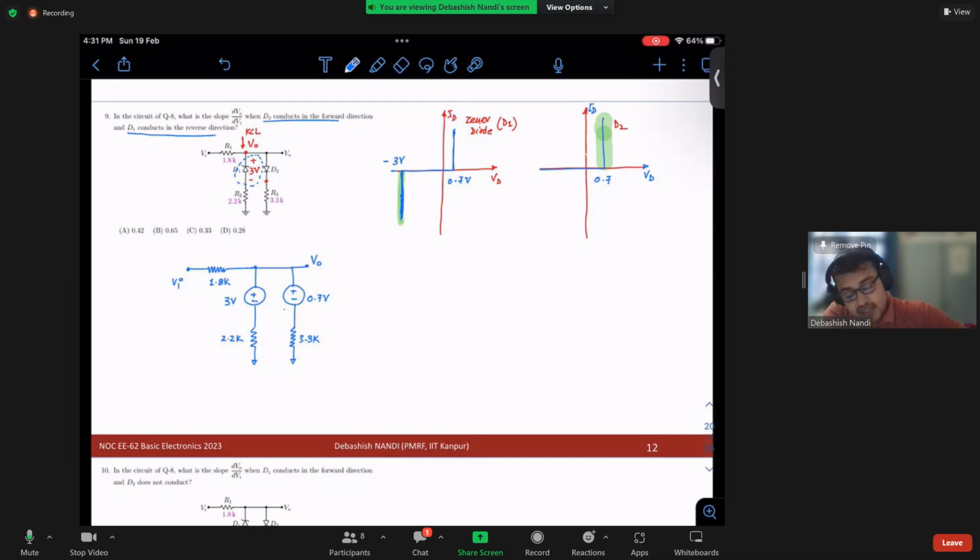This is my Zener diode, this is my forward drop and this is my reverse drop.